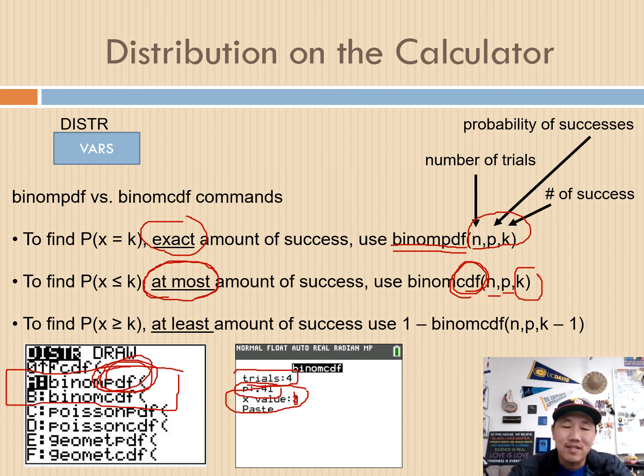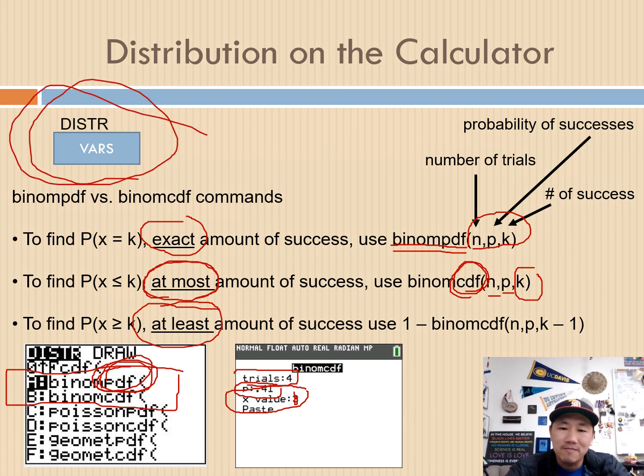And then of course it'll do the probability of at least something happening. This one is a little bit more complicated because before you even go into the distribution button, you have to put in 1 minus first. So do 1 minus and then the button.